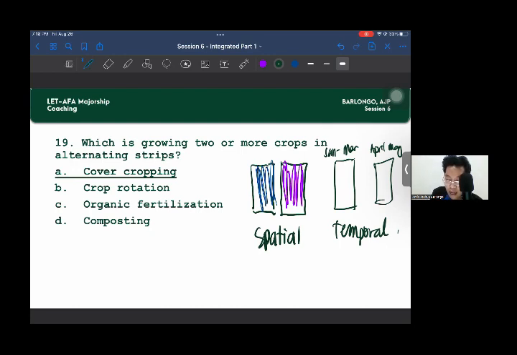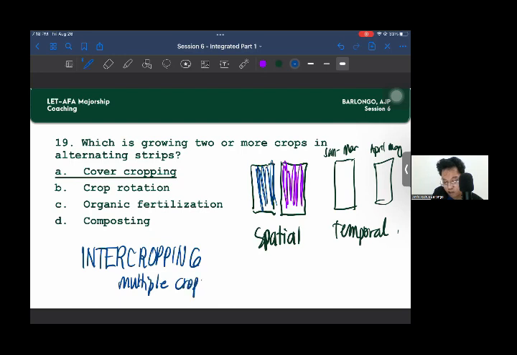However, ang pinaka-okay ditong sagot ay it could be intercropping or multiple cropping. Ayan. So, kapag meron ito sa choices, these are the best answers.